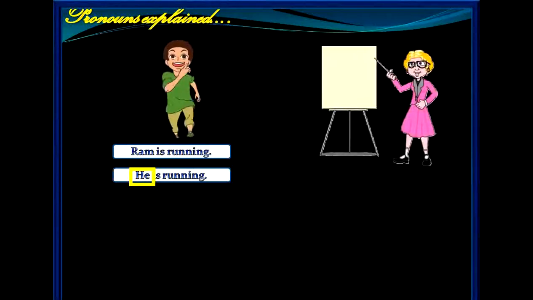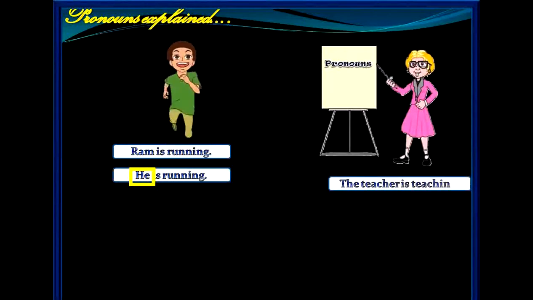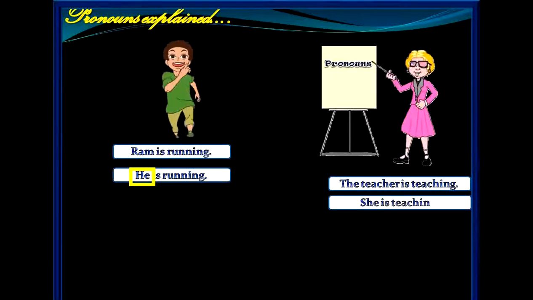Okay, let's check out another example. Here is a teacher who is teaching pronouns. So we can write down the sentence, the teacher is teaching. The same sentence can be rewritten using a pronoun as she is teaching. So the noun teacher is replaced by the pronoun she.